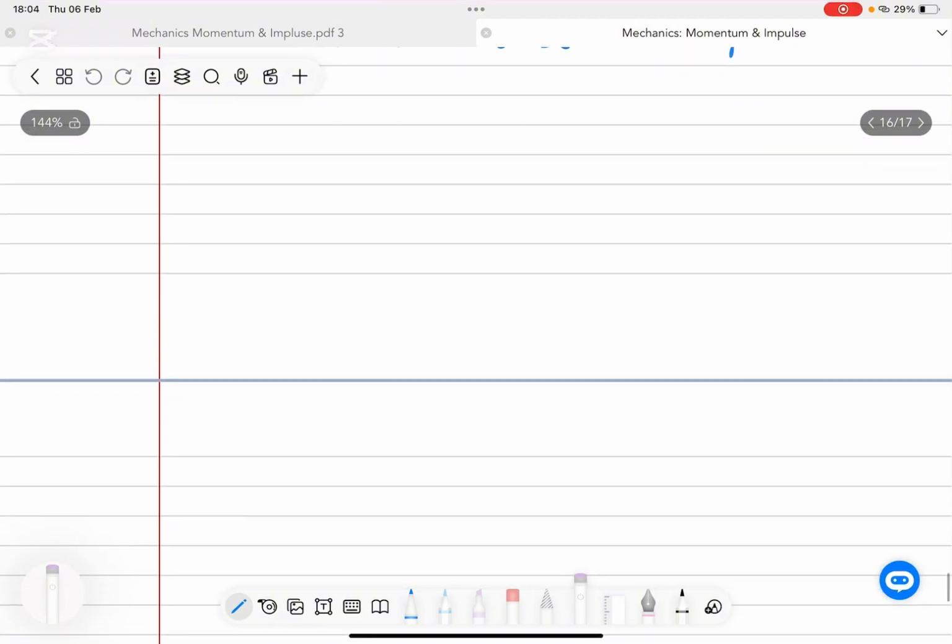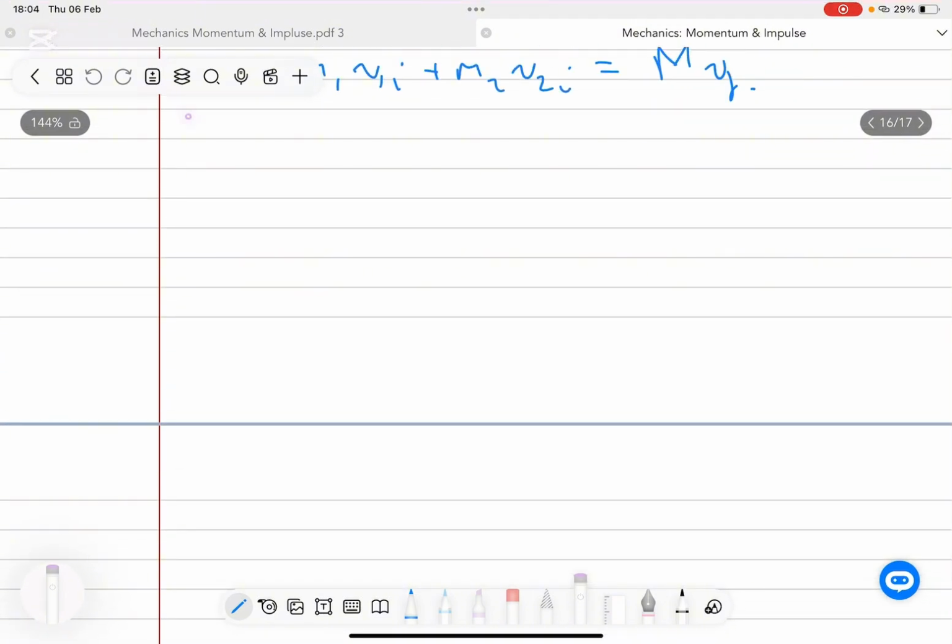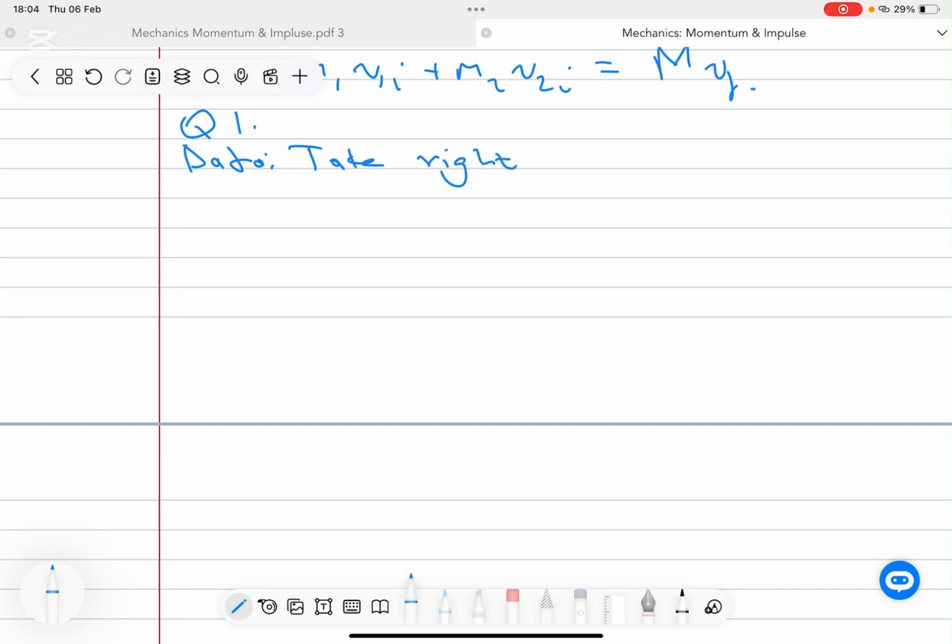To answer this question, perhaps I can start by writing down my information so that I can put it properly in the formula, or so that it can assist me to solve problems. We said that we are taking the right direction as positive, and we're saying that M1 is 5 kilogram and V1 initial is 3 meters per second.